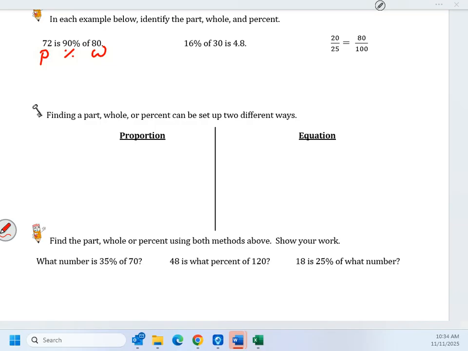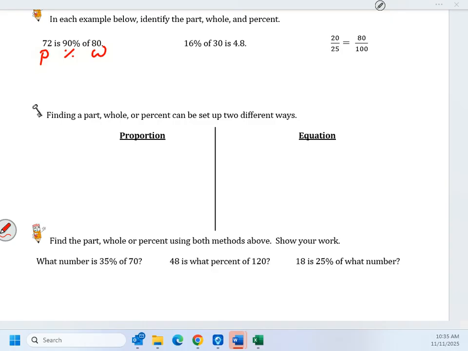Well, unless our percentage is bigger than 100. If we're looking at 150% of 20, our part would be bigger, right? Because that percent is above 100%. If the percent is below 100%, the part will always be less. So we have to look at how much that percentage is.